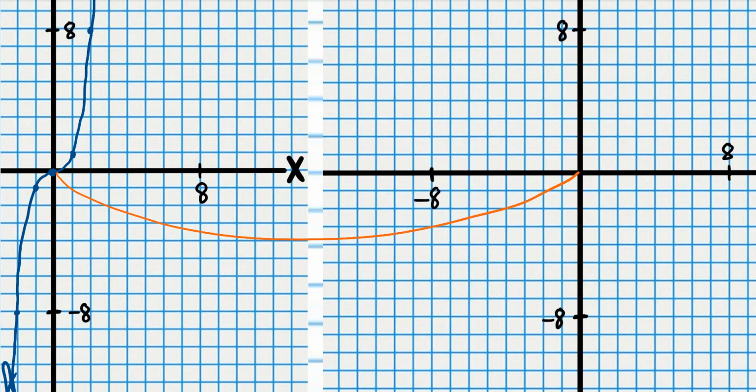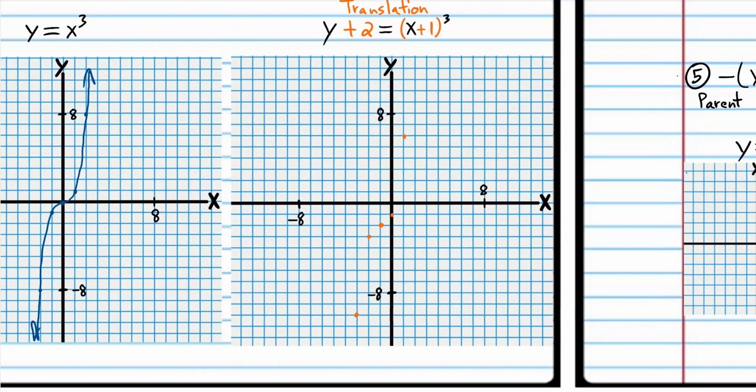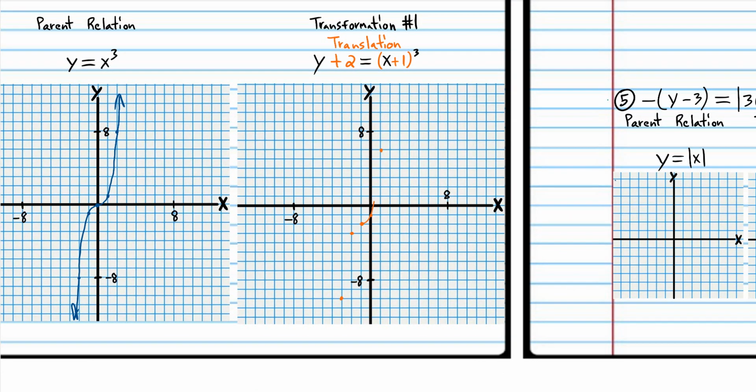So I'm going to take the origin point, move it 1 unit to the left, 2 units down, and this is a rigid transformation. So the other points are going to be in the same relative location. So 1, 2, 3, 4, 5, 6, 7, 8. Yeah, right there. I went a little too far. Okay, so now we connect the dots.